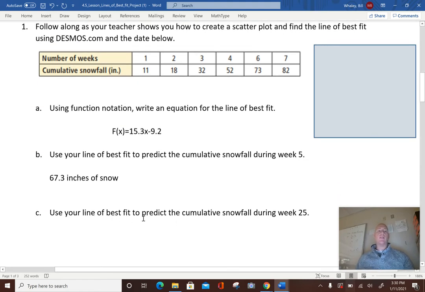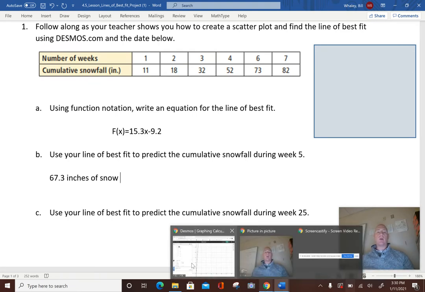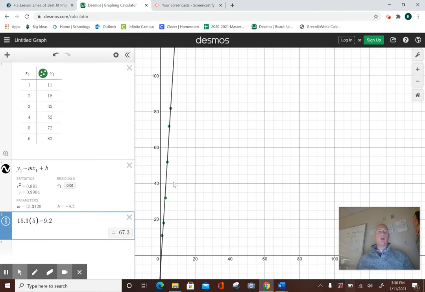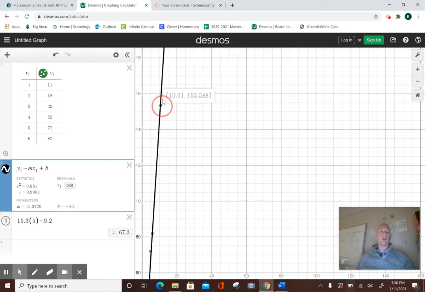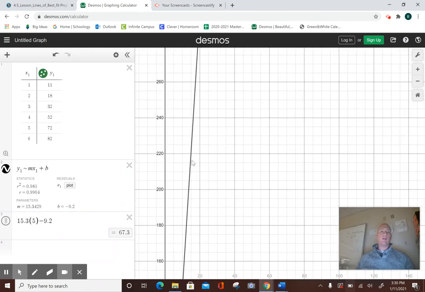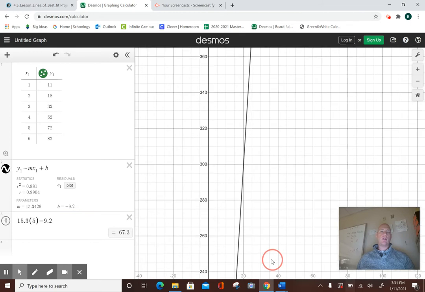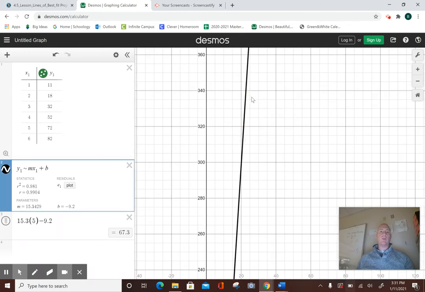Now use your line of best fit to predict the cumulative snowfall during week 25. So now when we go back to our graph, notice the points stop right here at 6. But what we're going to do is we're going to make a prediction. We're going to go way out here, and we can say, okay, our line of best fit, geez, way out here.